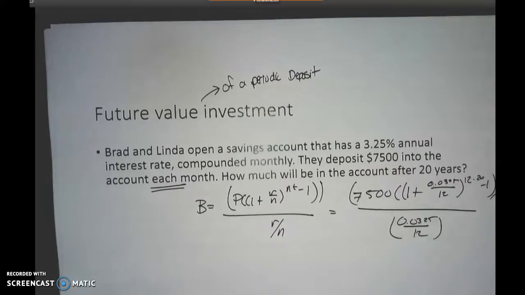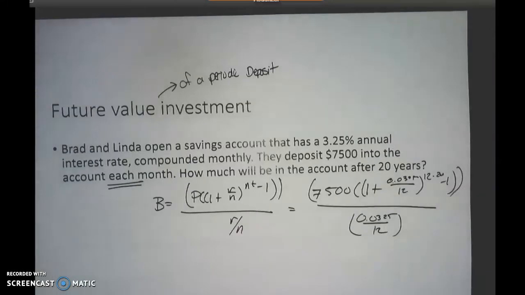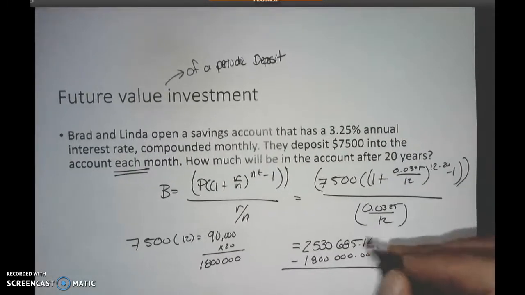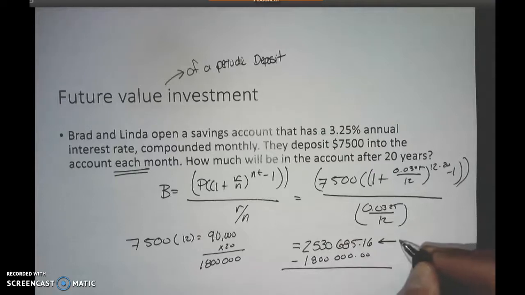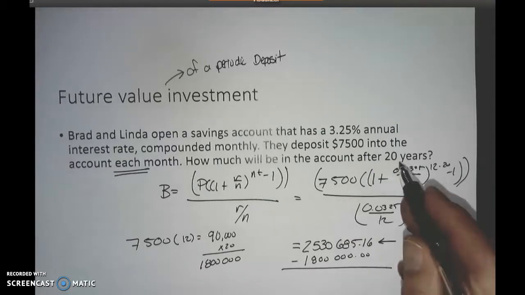So it looks something like that. I'll scoot that over. Okay, so I kind of wanted to get a little head start. This is how much they would have after the 20 years, okay?